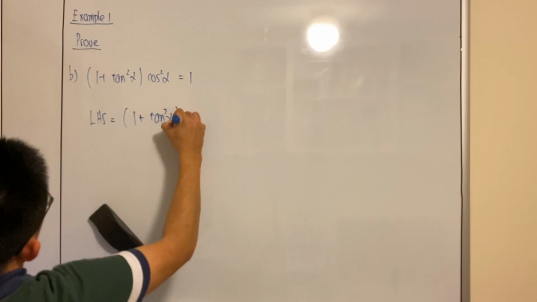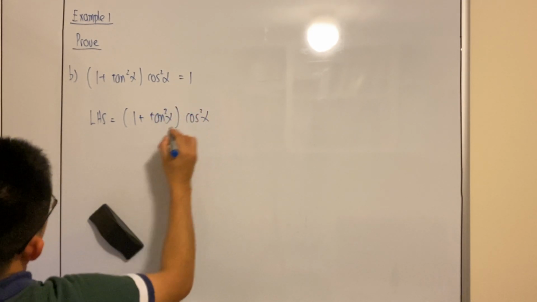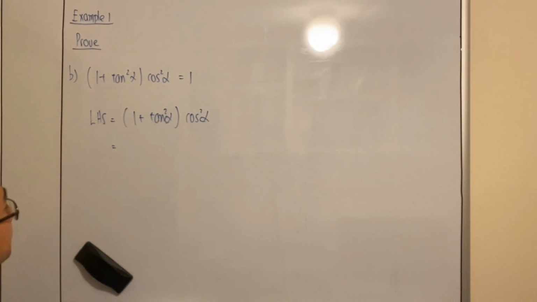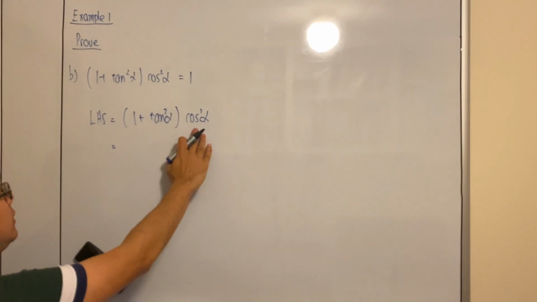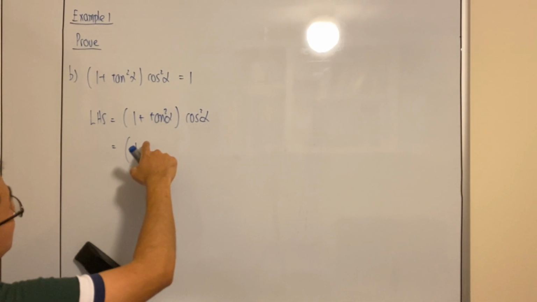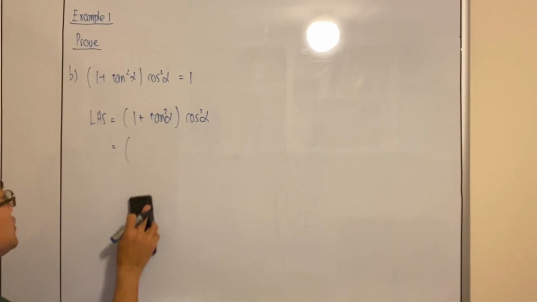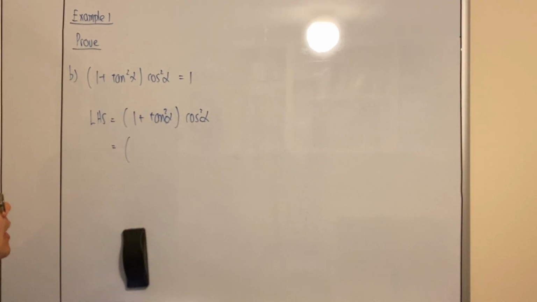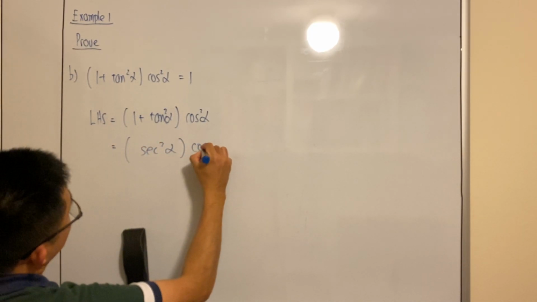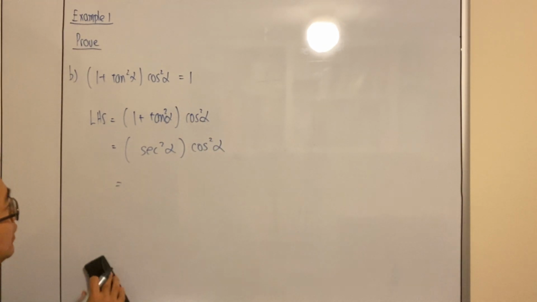First step, again, I'm just going to copy everything down. Sorry, that's alpha. All right, so what do we do? That's tangent, that's cosine. Let's look at 1 plus tangent squared. What's 1 plus tangent squared? Think about a formula, Pythagorean identities. 1 plus tan squared is equal to sec squared.